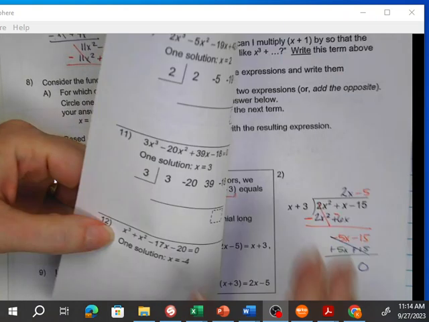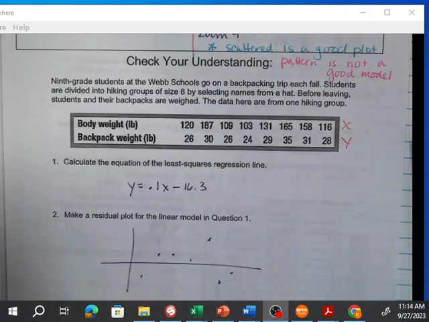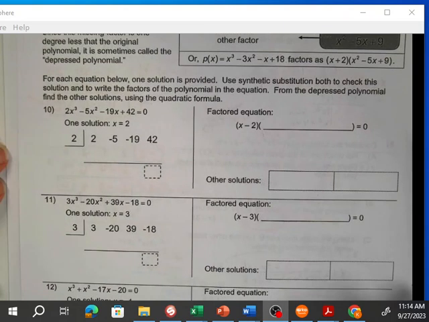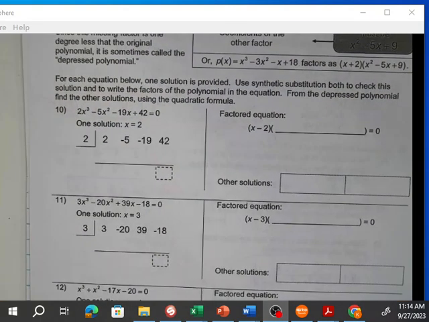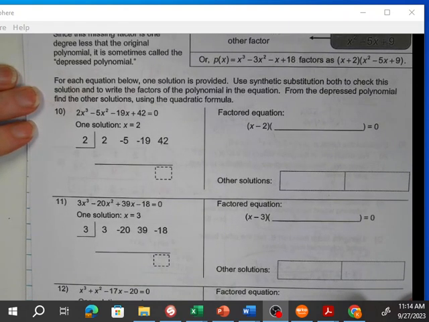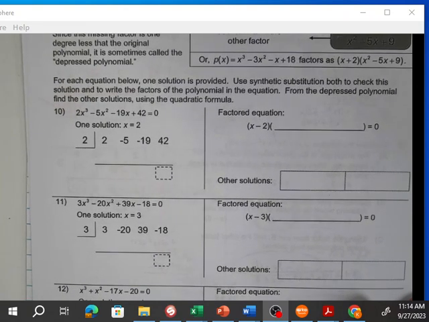All right. Is everybody good? Okay, so with that said, we can use synthetic division to find our other factors. As long as we know one of them, we can find the others using synthetic division.